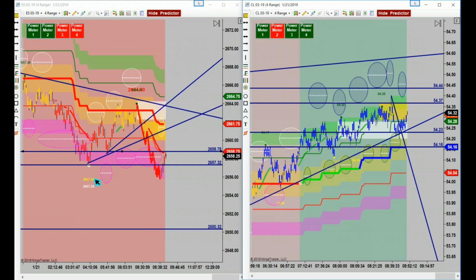Anybody take that trade off of 23 that I called there? You just got to draw on your charts. See that predictor right there? Come on, Crudy, take it out, buddy.